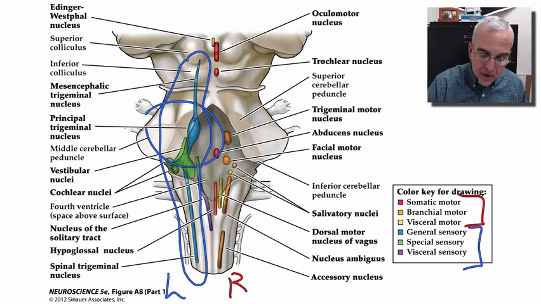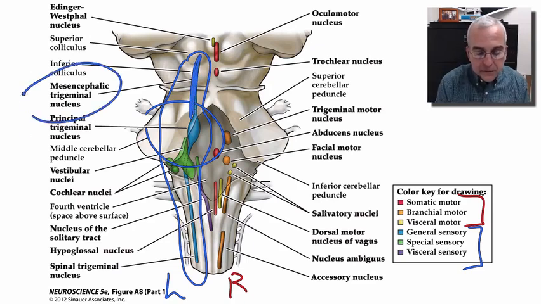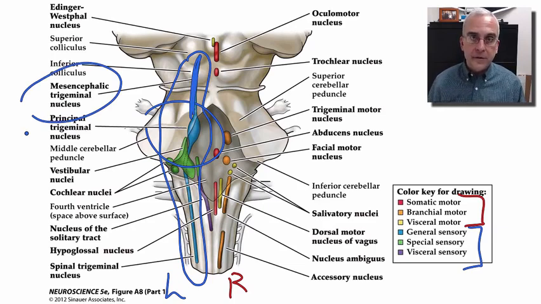For example, this long pointy region in the superior direction is the mesencephalic trigeminal nucleus. There we find cells that are sensitive to the stretch in our jaw muscles and in our temporomandibular joint. You can imagine that must be very important in helping to govern chewing behavior.